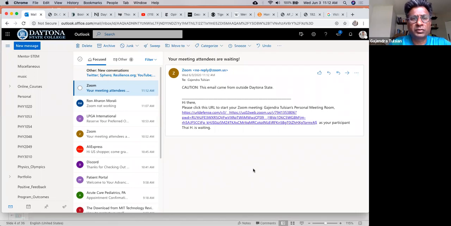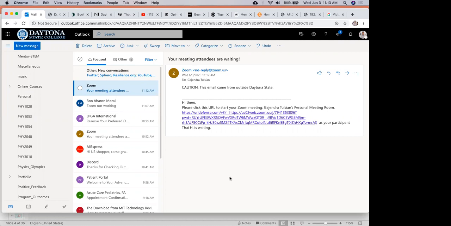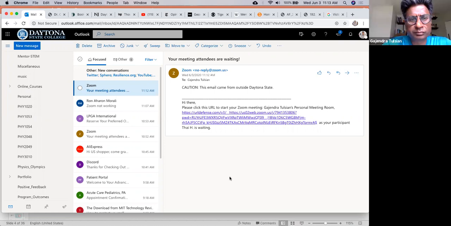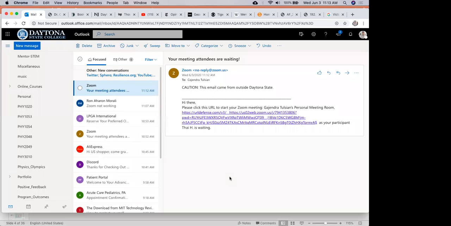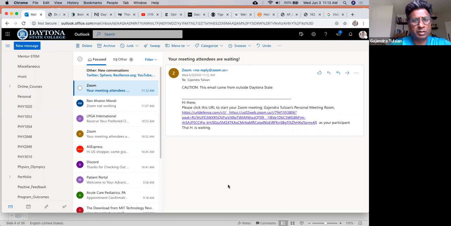Do you guys see two different URLs? I just put the meeting ID and the password into the Zoom app on my computer. Do you think he might have put in the URL for your office hours by accident?